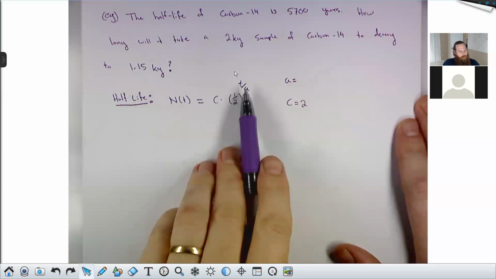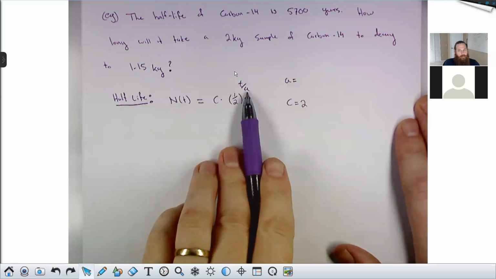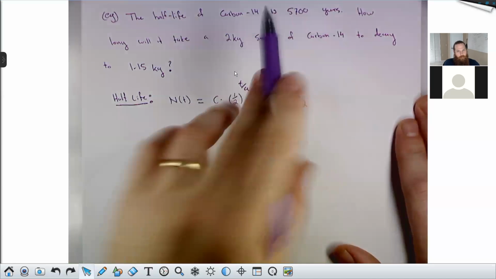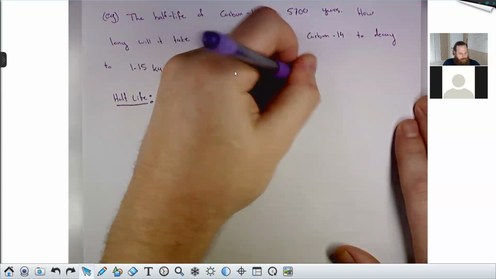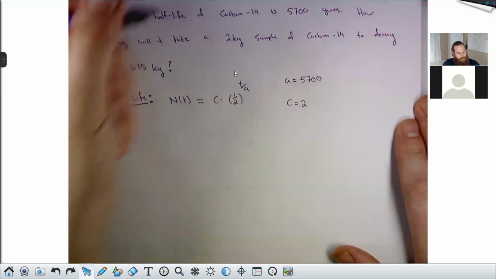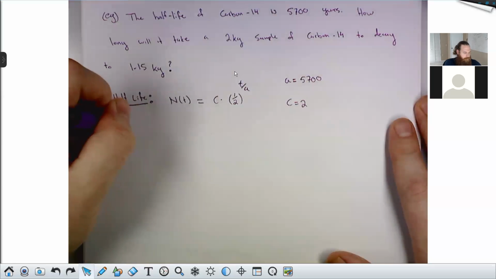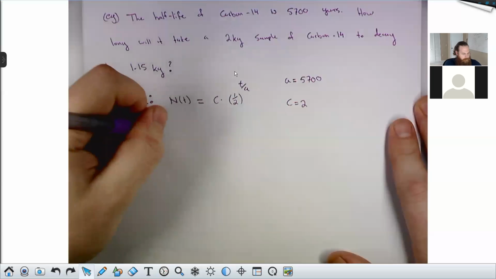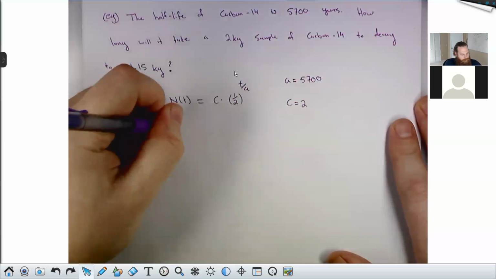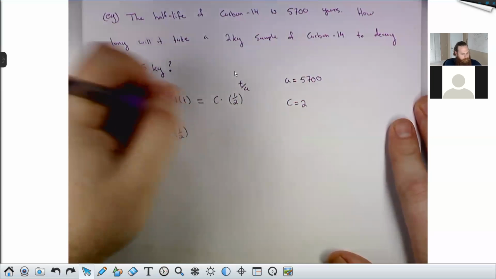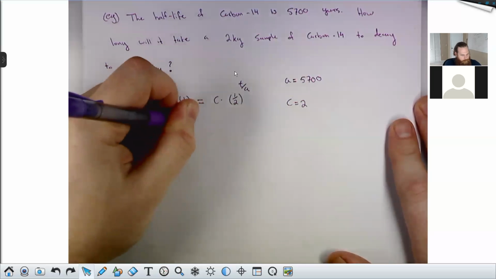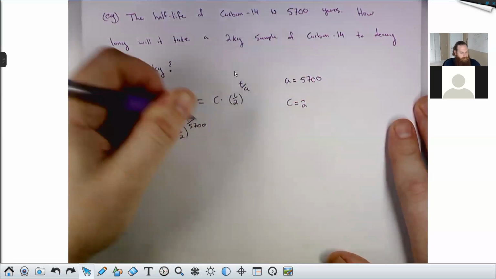Well, a is the amount of time it takes for half of the stuff to go away. 5,700? Yeah, which is the half-life, is 5,700. So my model, my function that I use to model the physical situation is 2 times 1/2 to the t over 5,700.